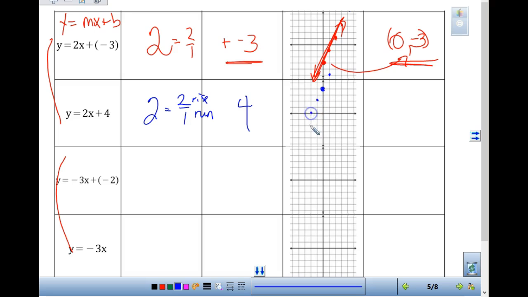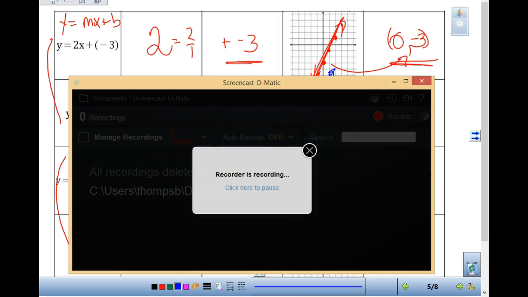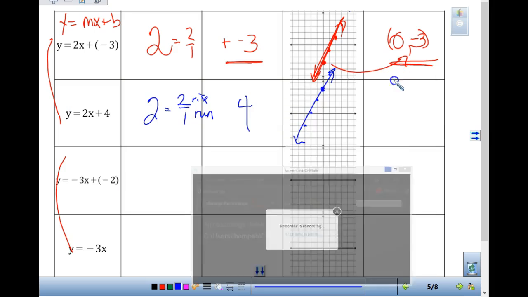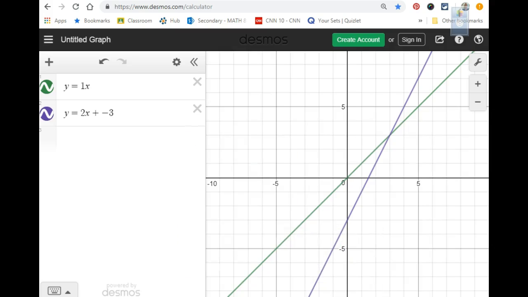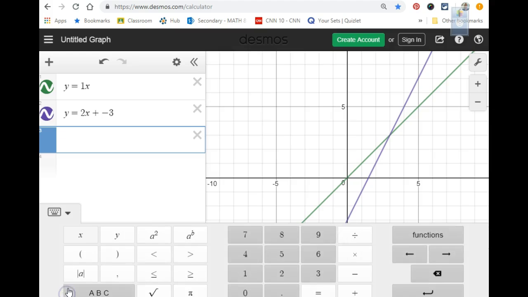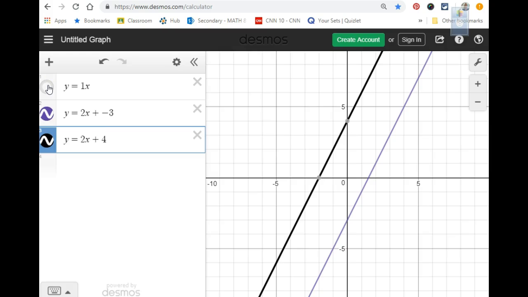And if I'm looking at yours on your computer screen, I want to see this next graph if we were looking at it. So I want to see when I look at yours, y equals 2x and we should have had plus 4. Now, the one that I don't need to see is we're going to take away that one.